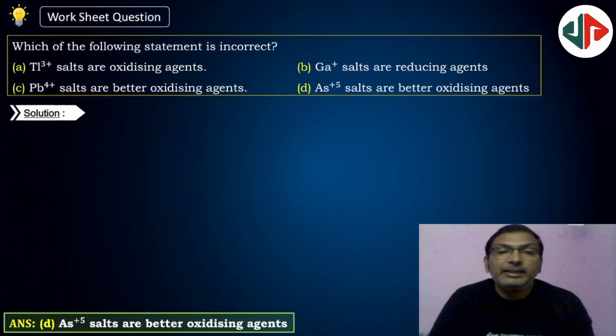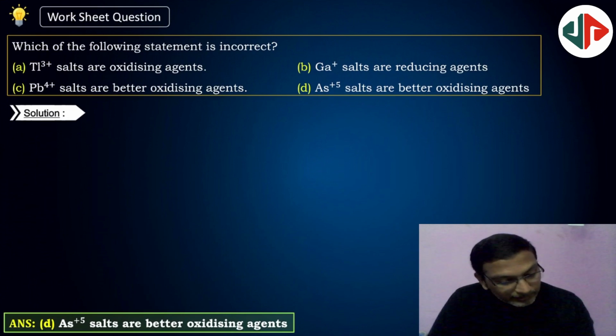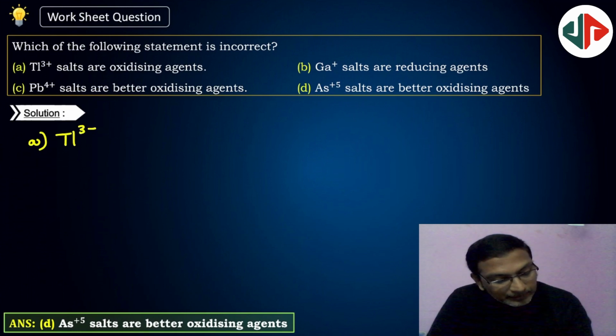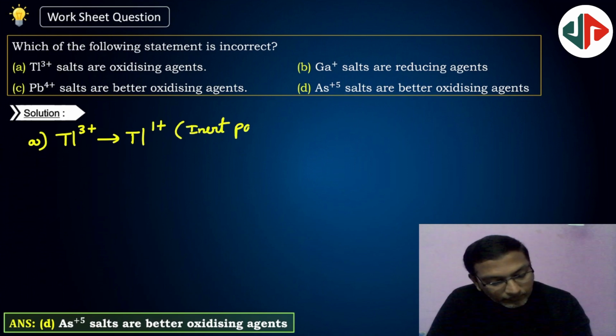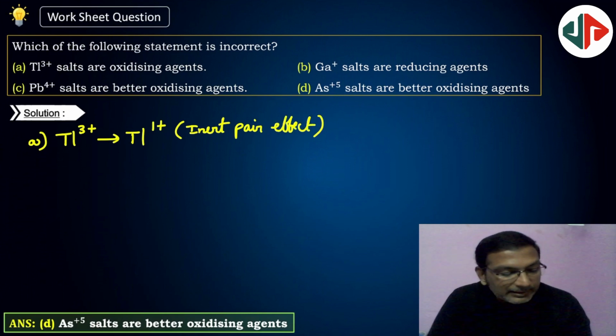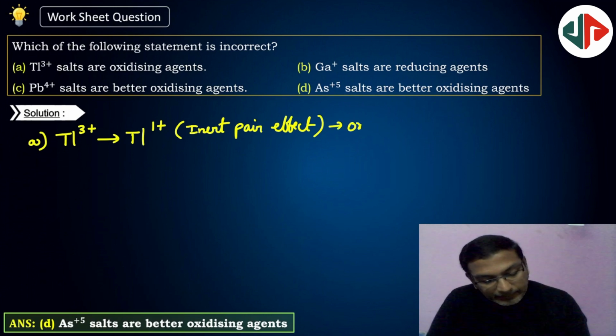Which of the following statements is incorrect? I will explain option wise. Option A. Tl plus 3 always changes to Tl plus 1 due to inert pair effect. Inert pair effect. That means Tl 3 plus is reduced. Therefore, oxidizing agent or oxidant.